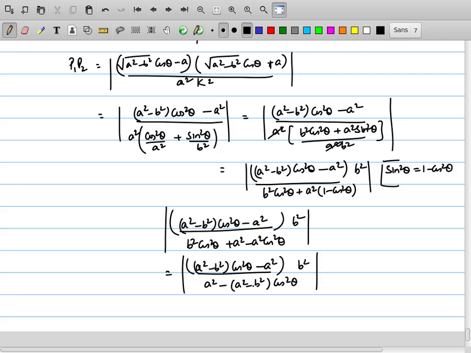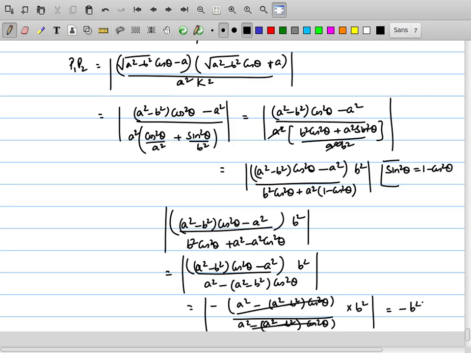Now if we take negative sign out, numerator and denominator get cancelled. We have a square minus b square cos square theta upon a square minus b square cos square theta, and we have b square. This and this goes, we are left with minus b square, and since it is mod, it will return a positive output.